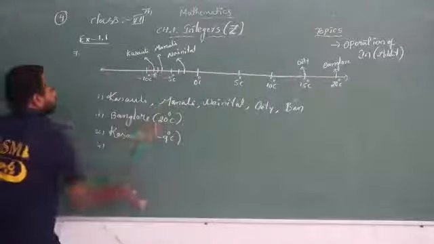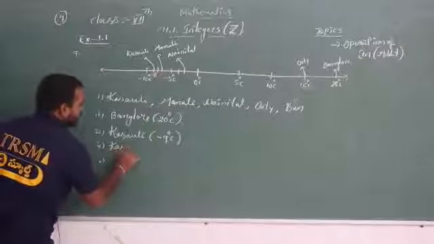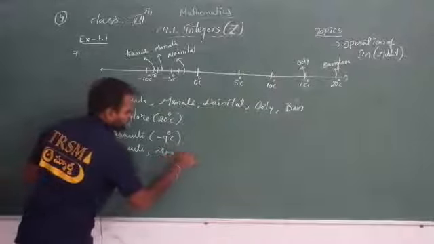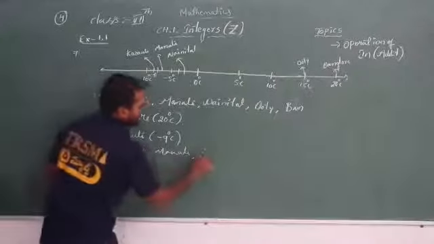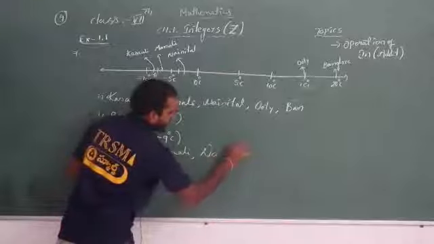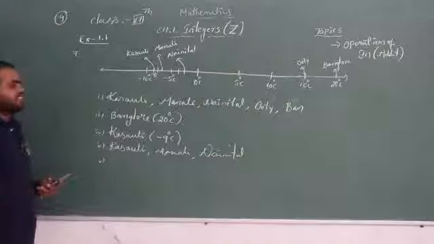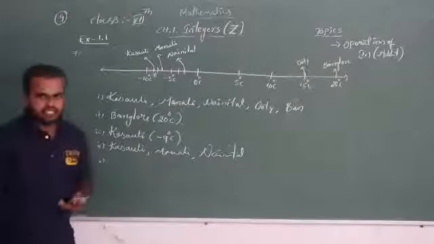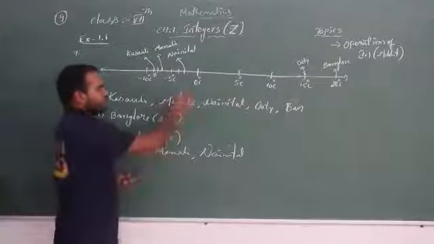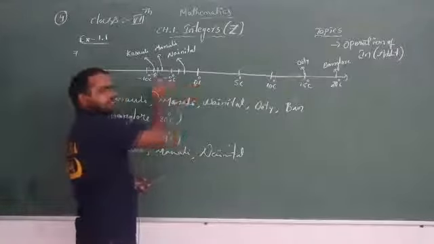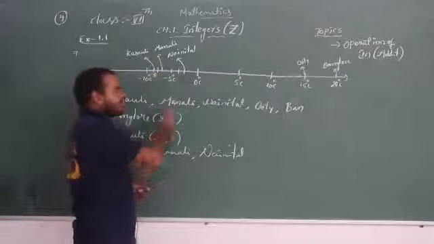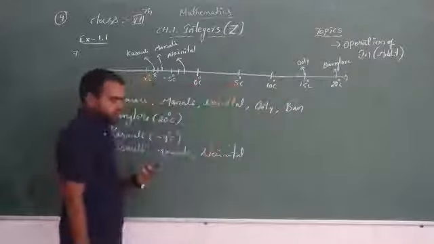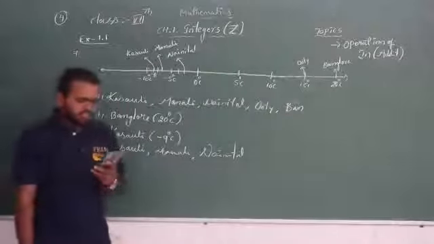Which are those? Kausali. What about the next one? Manali. And the next one, Nainital. These are the cities which will have the temperature less than 0 degrees Celsius. Remember once again: the left side of 0 is less than 0, and the right side of 0, all values are greater than 0.